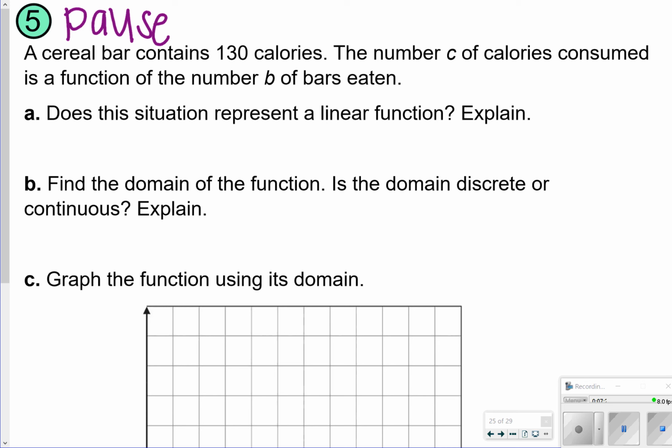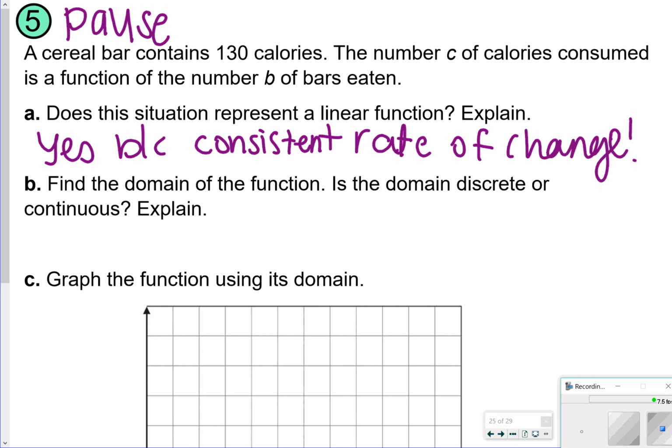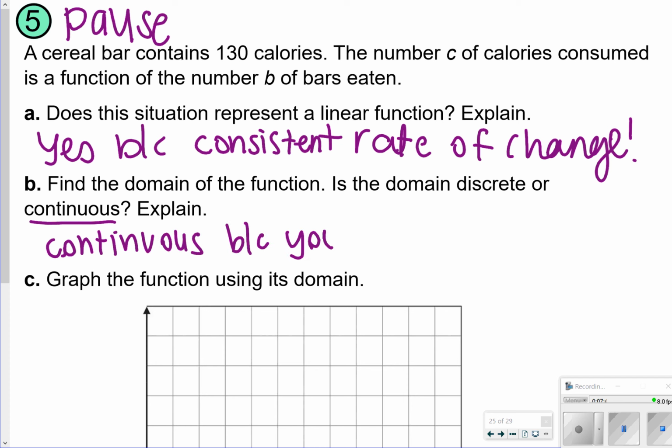So for letter A, this does represent a linear function because there's a consistent rate of change. Okay? For this one, the domain could actually be continuous because you could eat half of a bar or a portion.